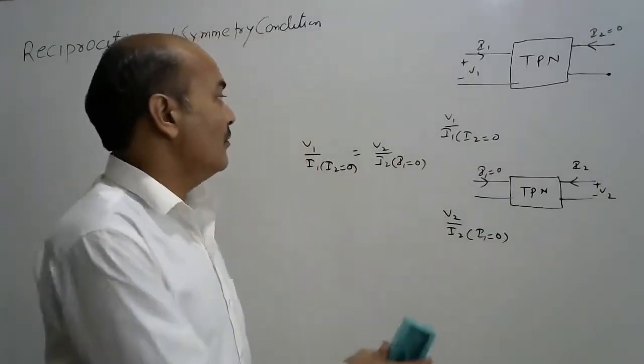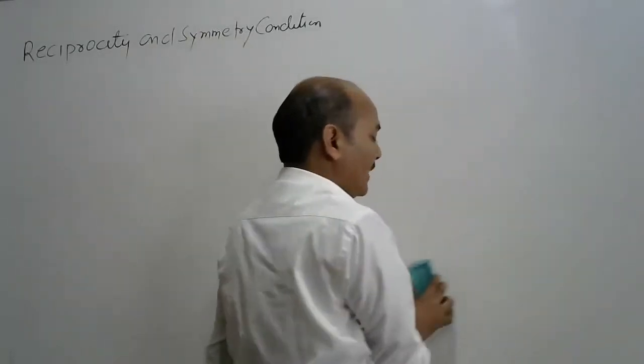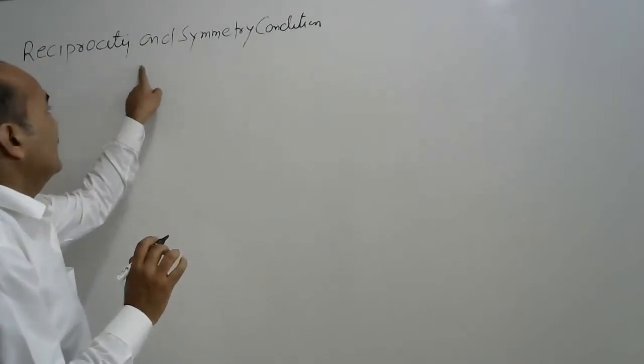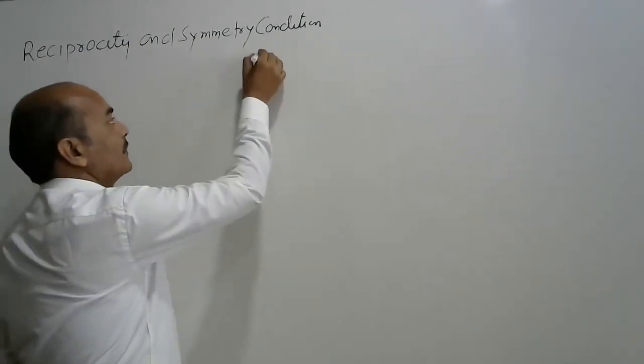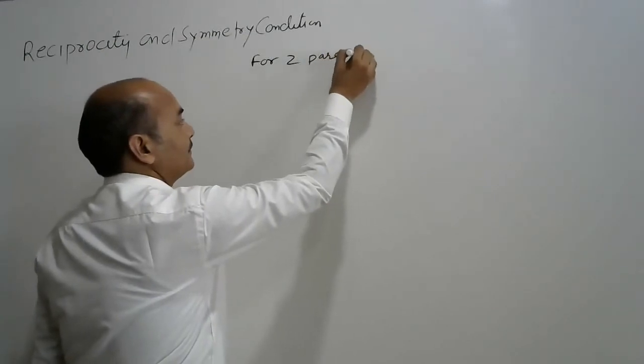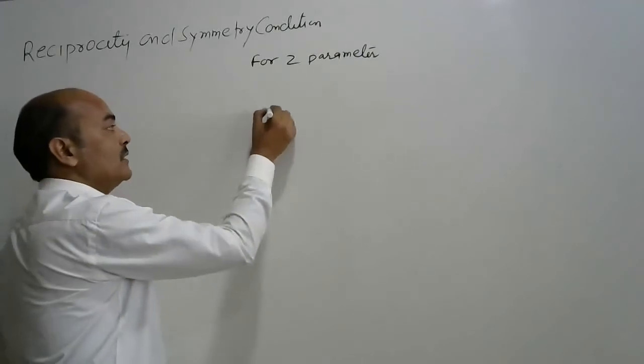So now we are calculating the condition of reciprocity and symmetry for the z parameter. In the z parameter, what is the equation?